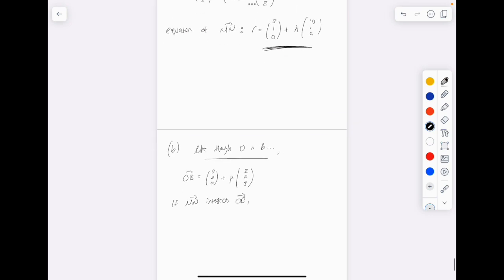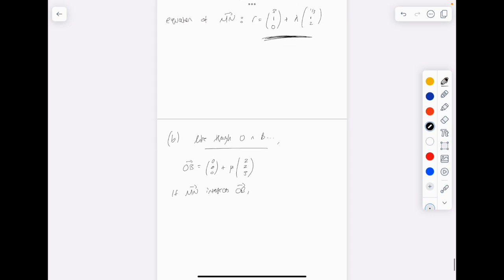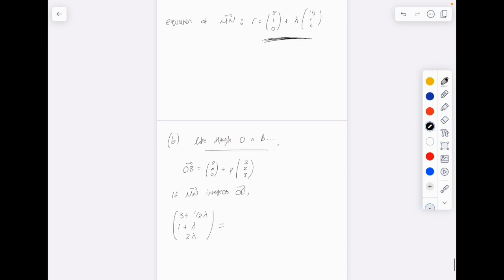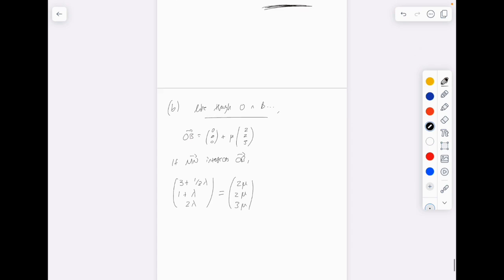We can say that 3 plus a third lambda, 1 plus lambda, 2 lambda, equals 2 mu, 2 mu, and 3 mu, right?